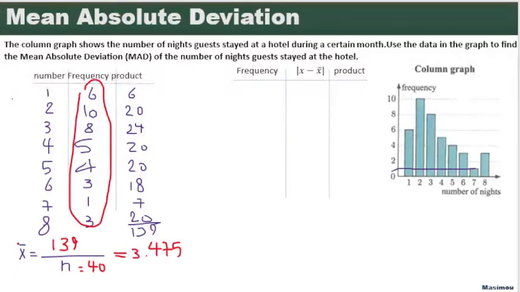That means the distance of each data from the mean. That means the absolute value of 1 minus 3.475, which gives me 2.475 for the first one.